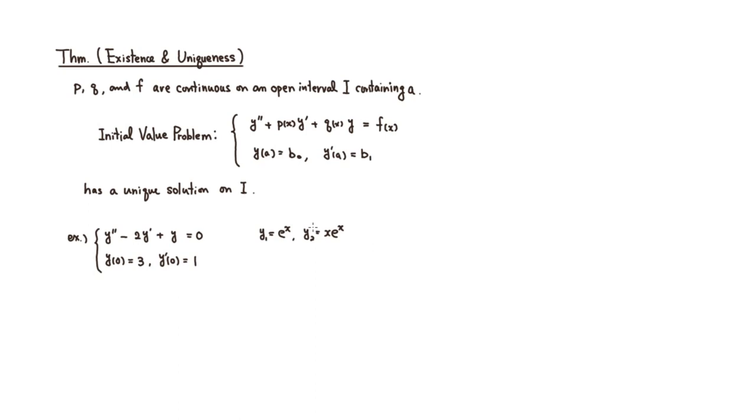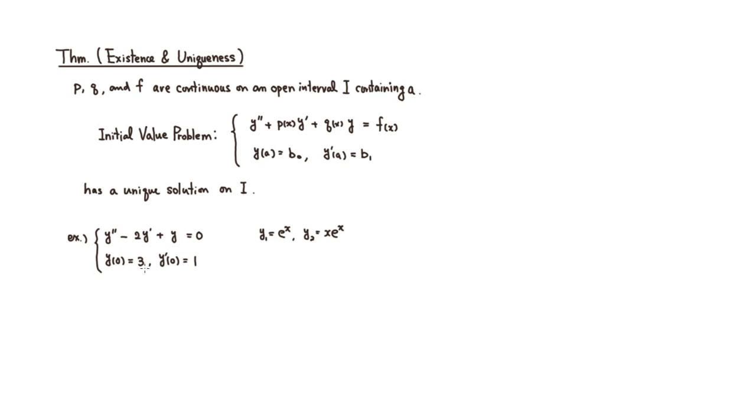But you can see that they do not satisfy the initial value conditions. If you plug in x equals 0, we are supposed to get 3. But e to the 0 is 1, so y1 gives you 1, and y2 gives you 0. So it does not satisfy the initial value conditions.